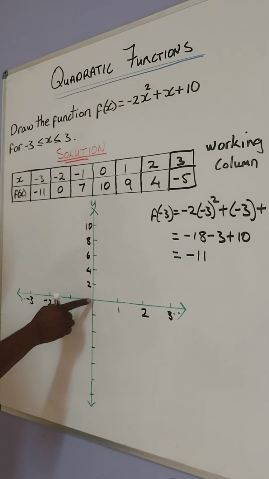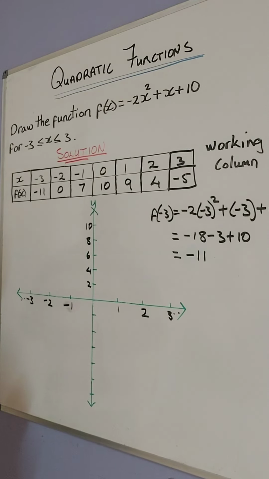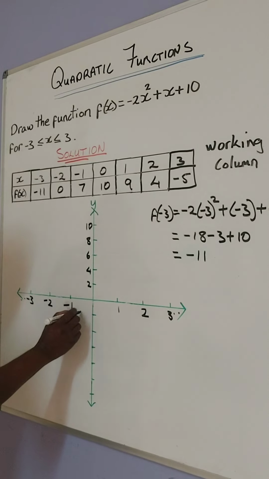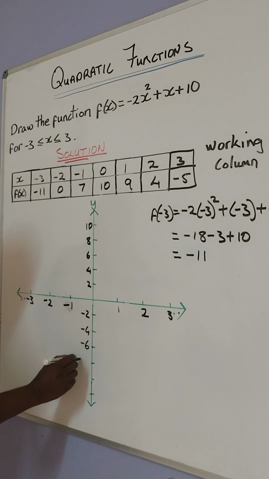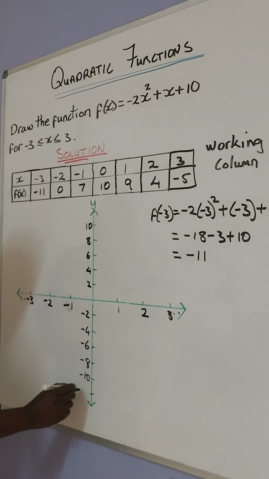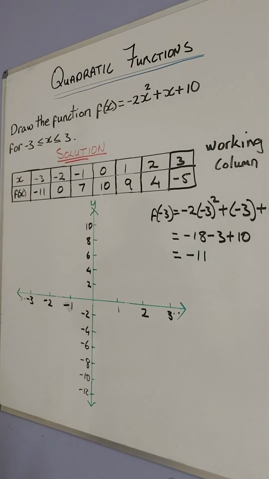Similarly, from here to here is 1 centimeter, and the scale is 1 centimeter to 2 units. So this would be -2, -4, negative 6, negative 8, negative 10, negative 12. We can now plot our curve.